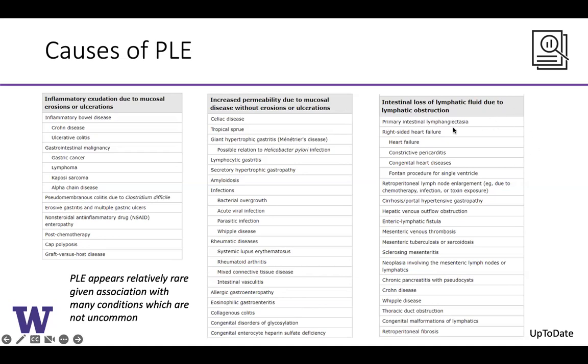And in this last category, there are primary intestinal lymphangiectasias, but there are also things like heart failure, which can result in this process. So just my take on it is that it appears to be relatively rare, even though it's associated with many conditions which are not uncommon. So it's one of those very curious conditions as to why it happens.